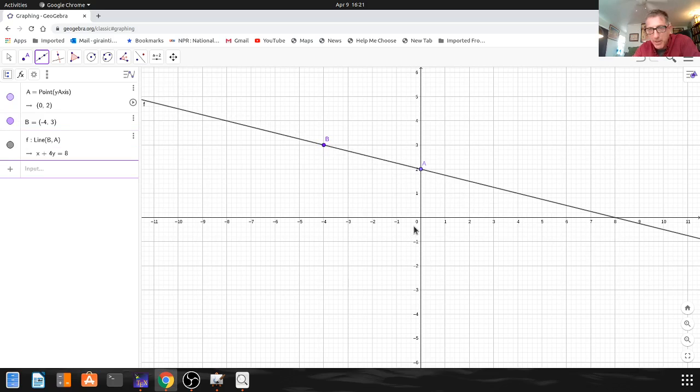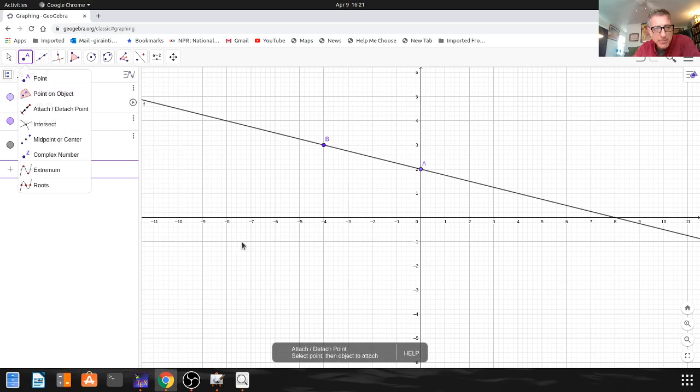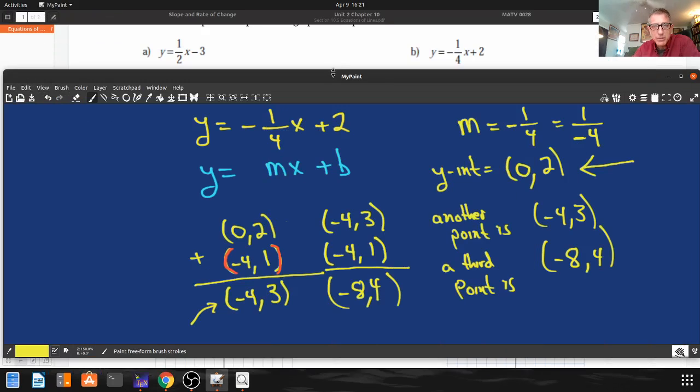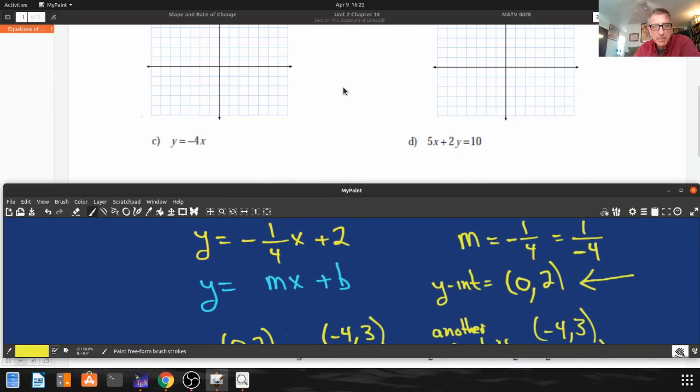But yet another point I got was minus 8 and 4. And indeed, when I plot minus 8 and 4, we find it's also on the line. So all three of those points sufficed to graph the line. So let's go ahead and do this with all the rest of them.